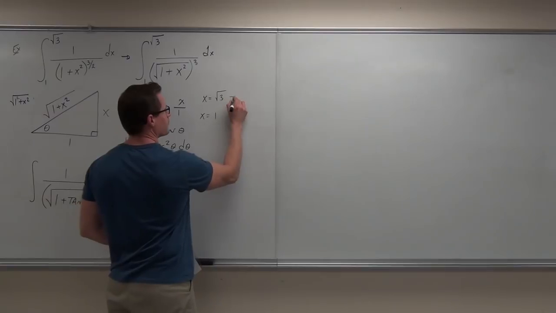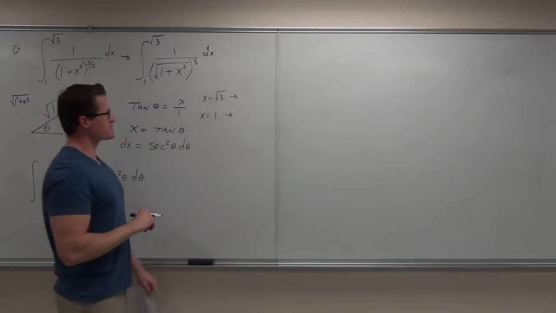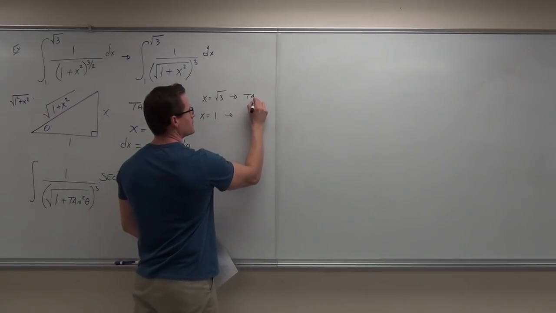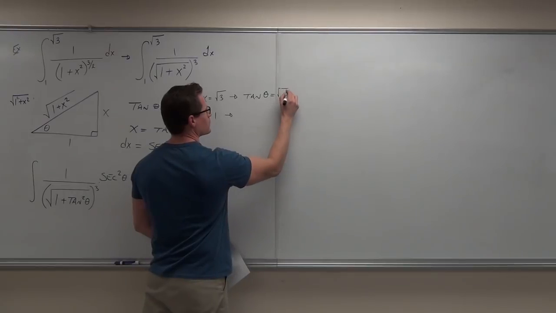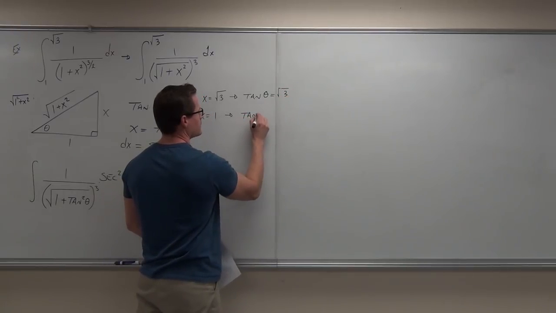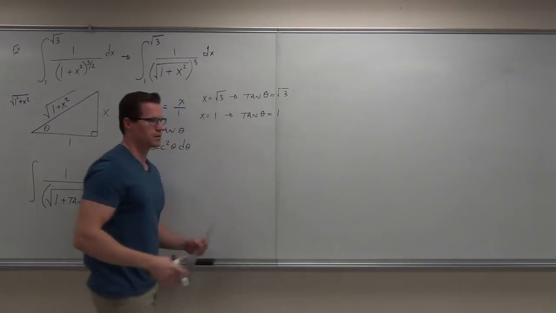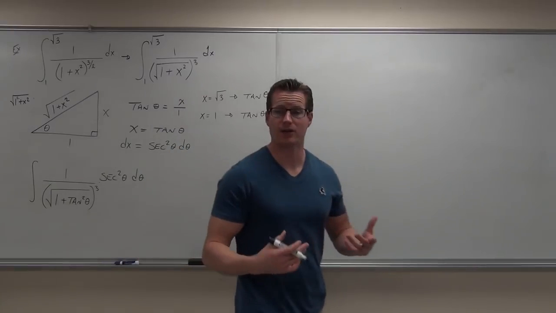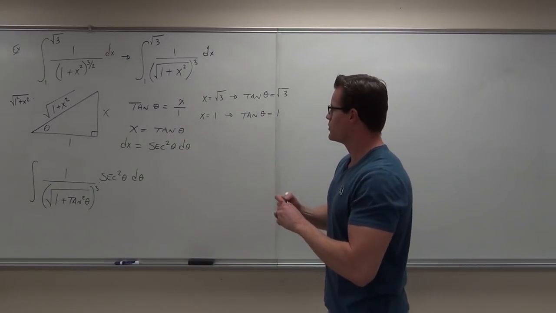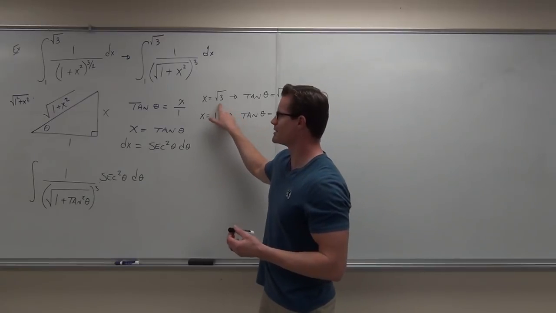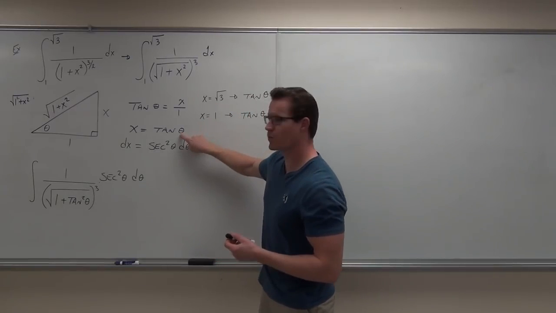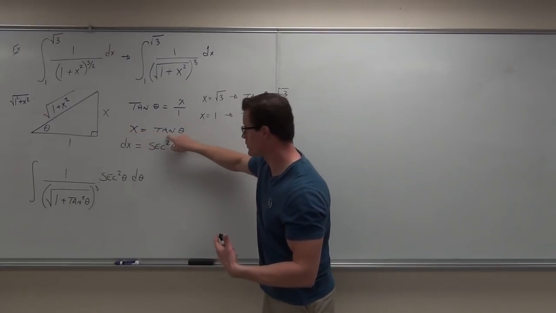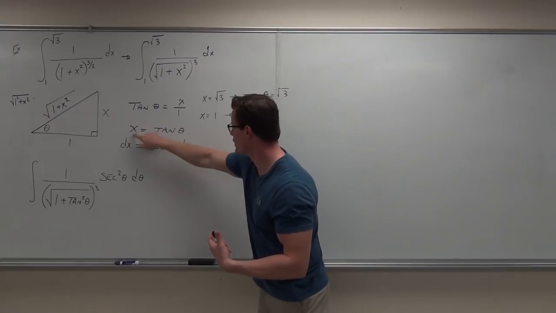If x equals the square root of 3, then what we would get is tan theta equals square root 3, and tan theta equals 1. Please note, I'm doing this on purpose. I want to make sure that you see how to actually change the bounds in this scenario. If you have x equals the square root of 3, look at where the x is. X is not theta. What we're trying to do is solve for theta. Does that make sense to you? So we'd have the square root of 3 equals tan theta. We would have 1 equals tan theta.